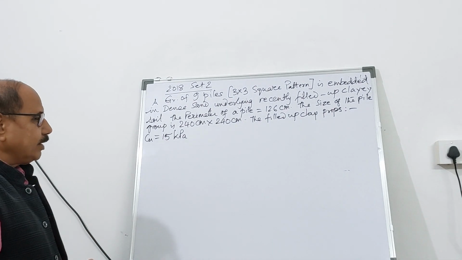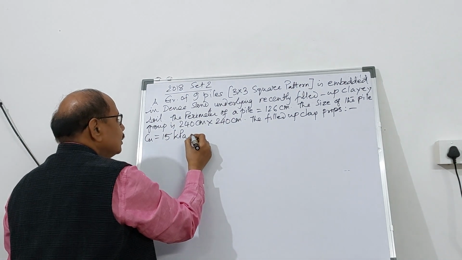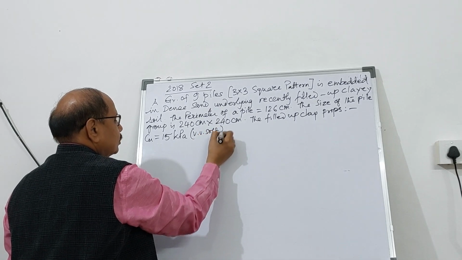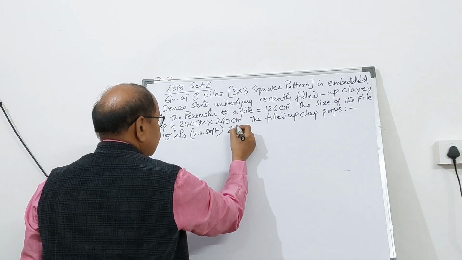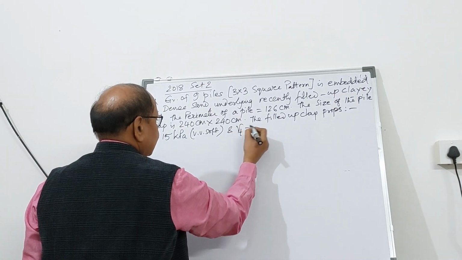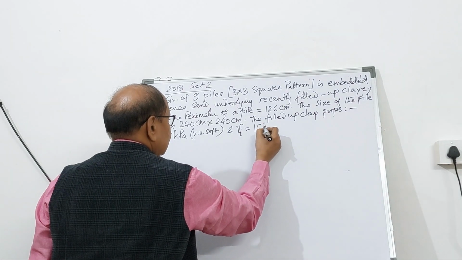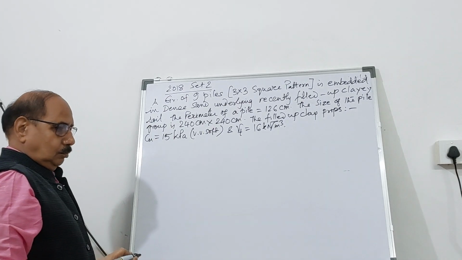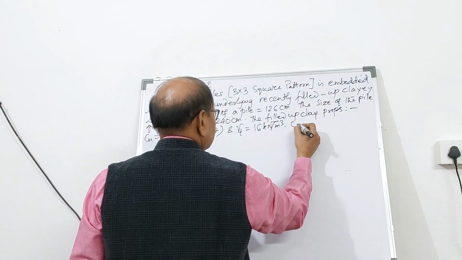Less than 25 kilopascal is going to be very soft. So it is very soft. Its consistency, and the total unit weight is given as 16 kilonewton per cubic meter. Calculate the negative skin friction.